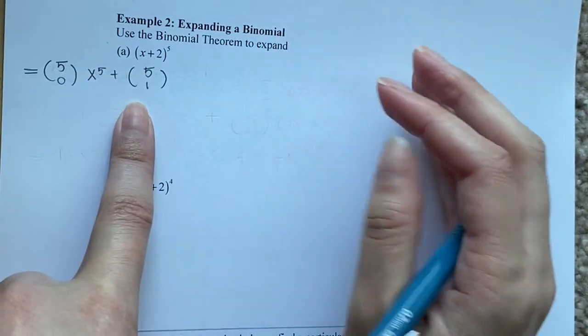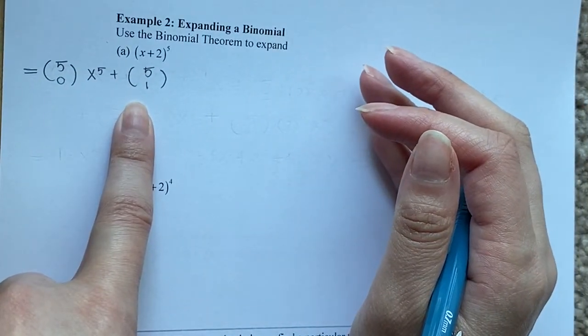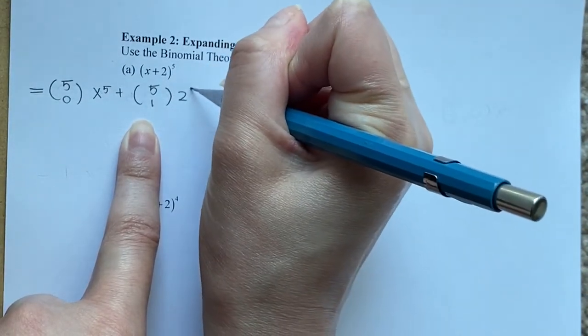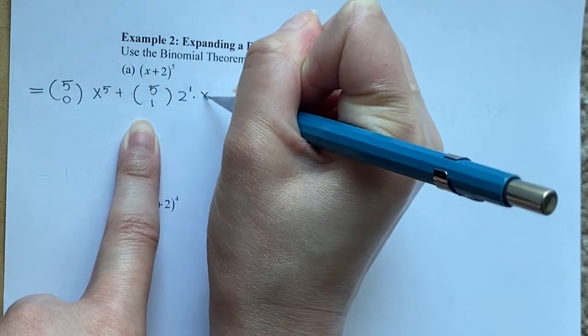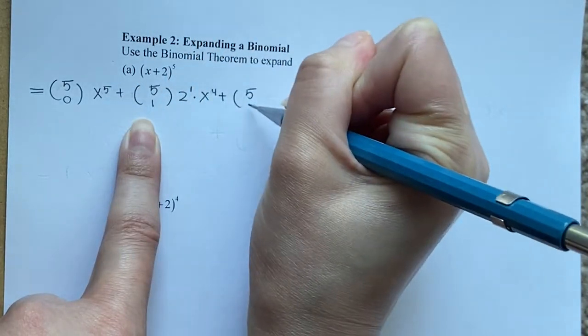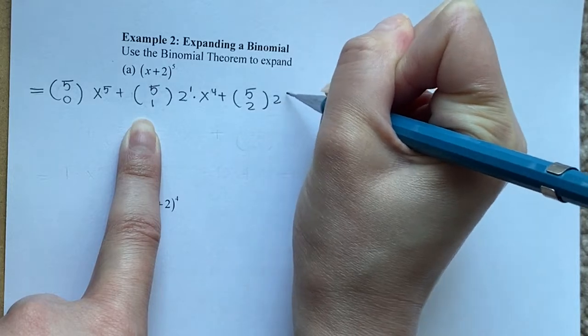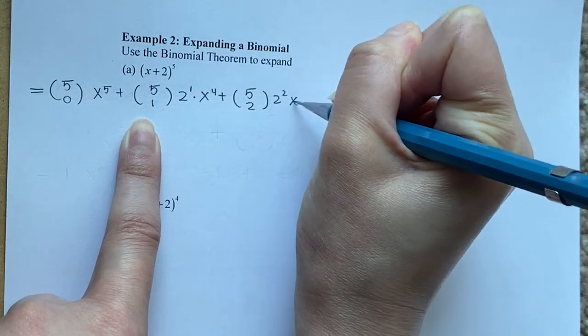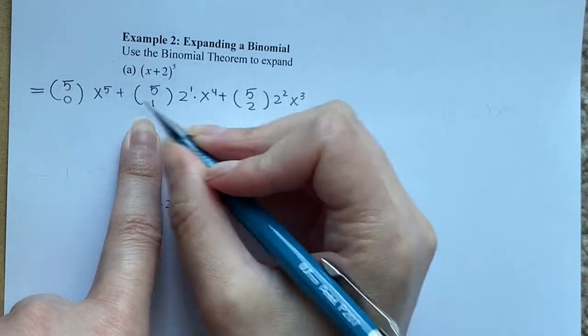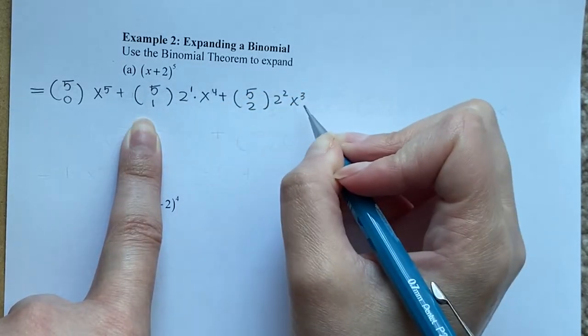Now what's going to change? The second part has 2 to the power of 1 times x to the power of 4, plus 5, 2, 2 to the power of 2, x to the power of 3. As you can notice, the exponent of the 2 is increasing, the exponent of the x is decreasing.